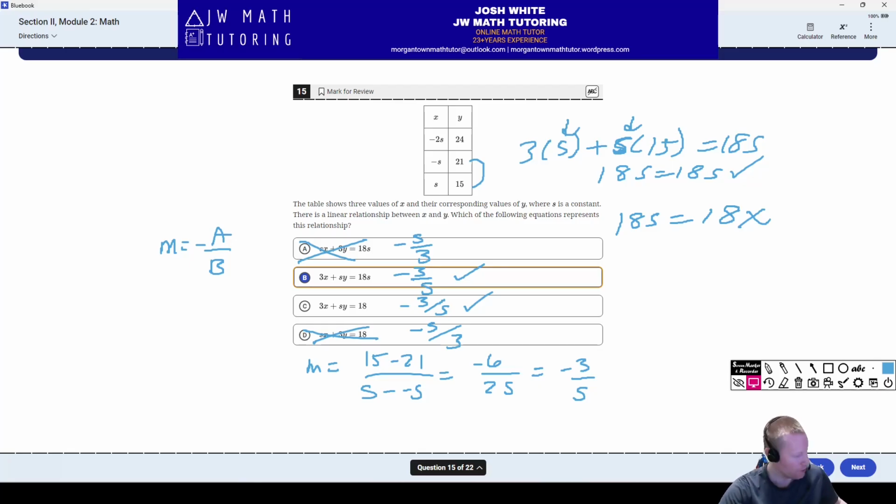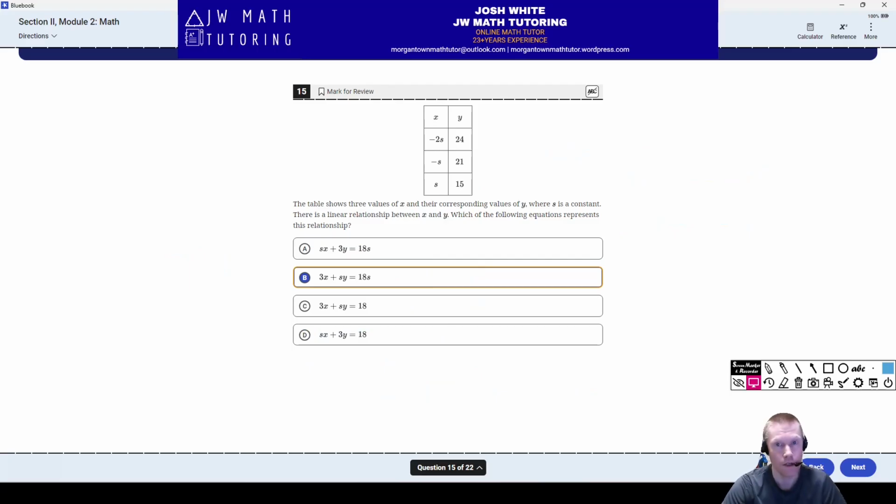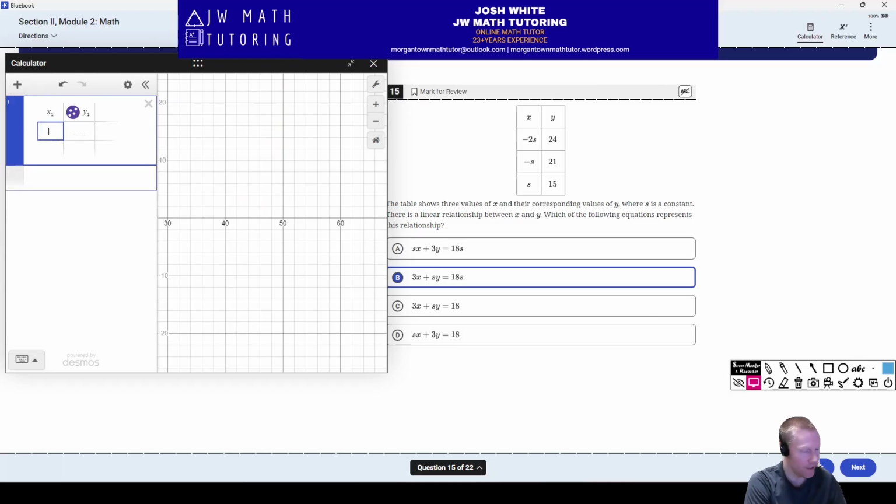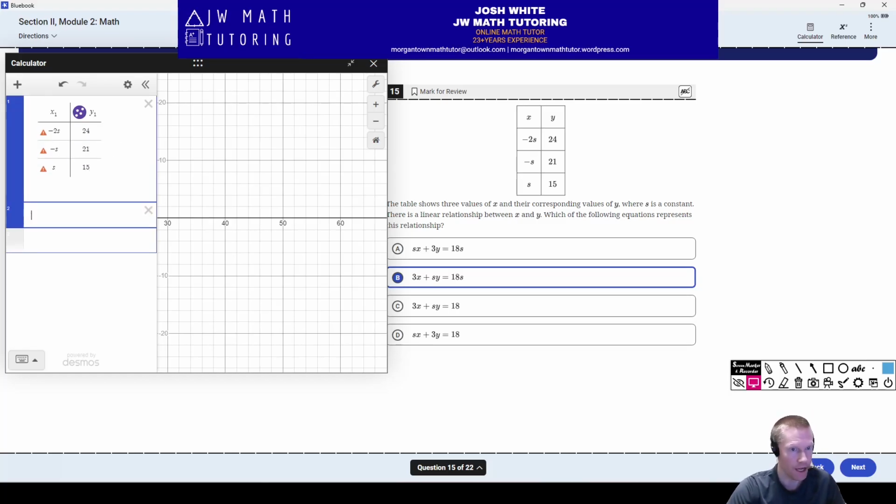Now, what you could also do is go to Desmos. All right, we're going to put in this table of values. Okay, I'm going to add a slider for S. Okay, I'll just move it here, whatever.